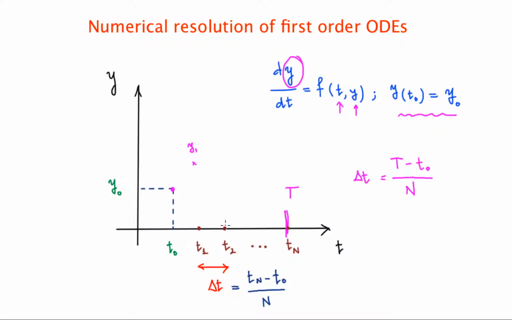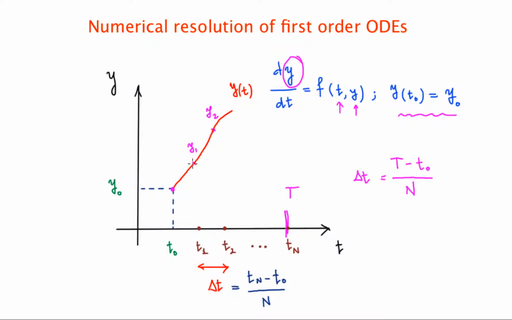The y function evaluated at time t2, let's suppose, is this value, y2. And therefore, we can interpolate these values here in order to have the curve corresponding to the time evolution of the y function.